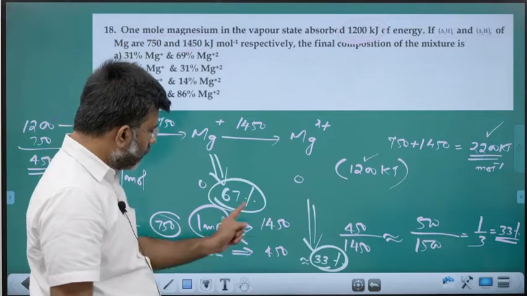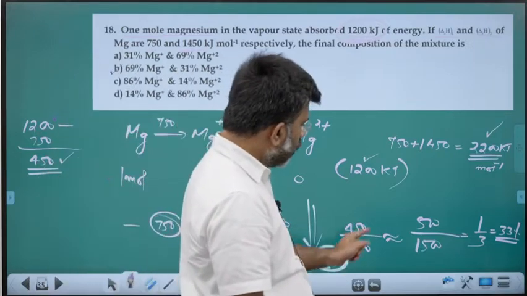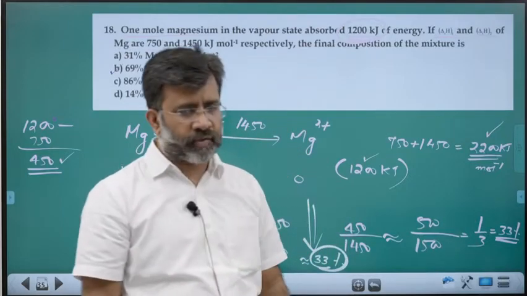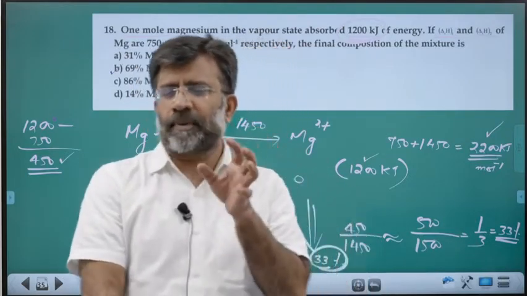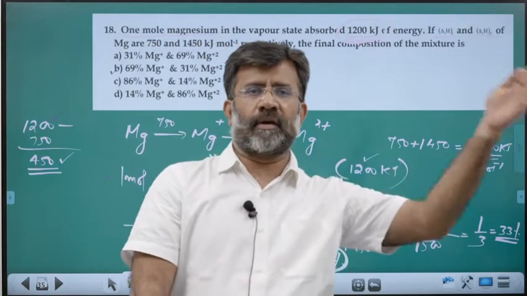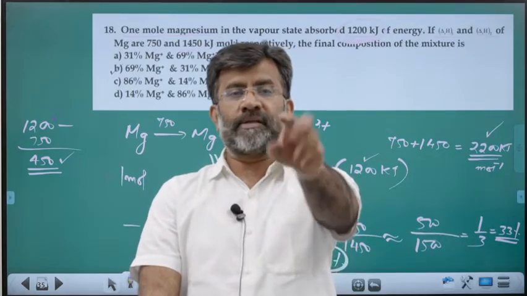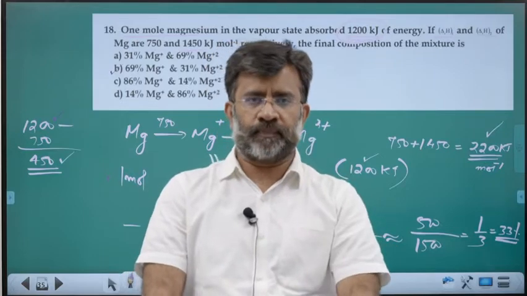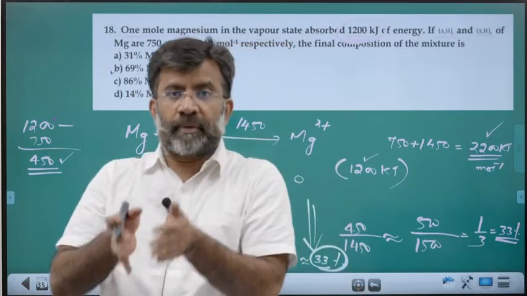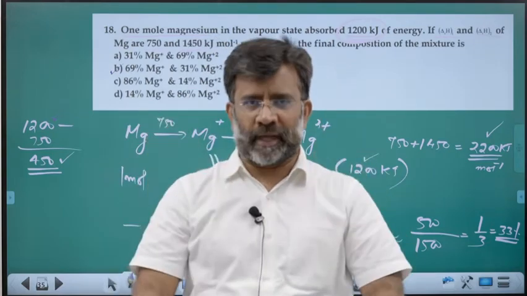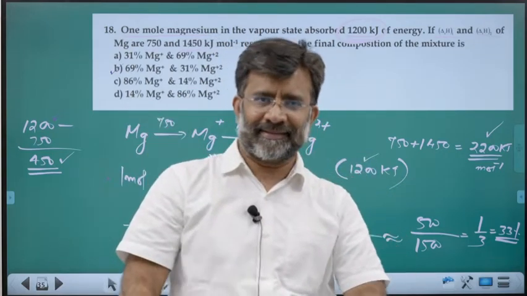It is 450 by 1450, close to 500 by 1500, that is 1/3 conversion. That means some 33% is converted from Mg plus to Mg2 plus. So Mg2 plus formed is somewhat 33%, and Mg plus remaining will be somewhat 67%. That approximate figure will take you to the answer. Right? Next.